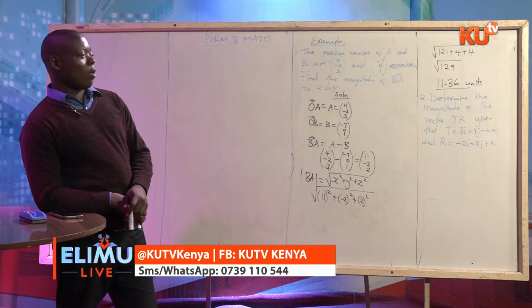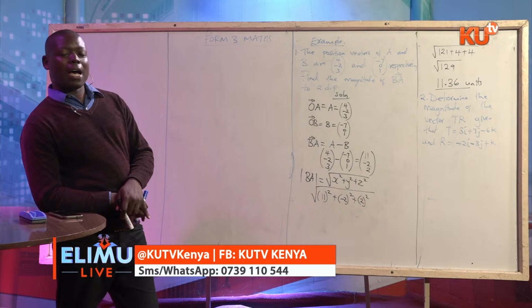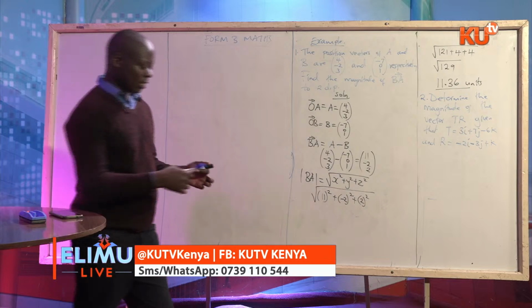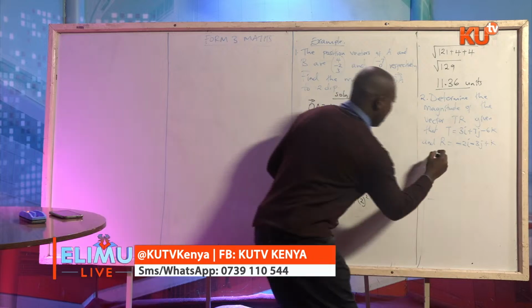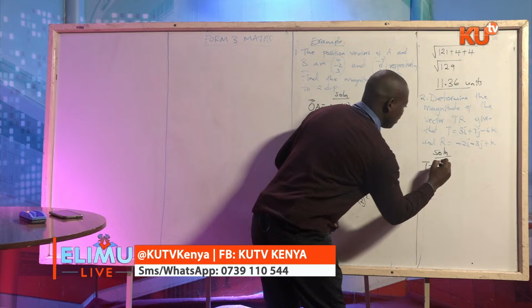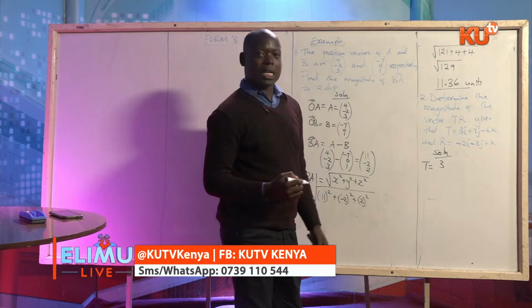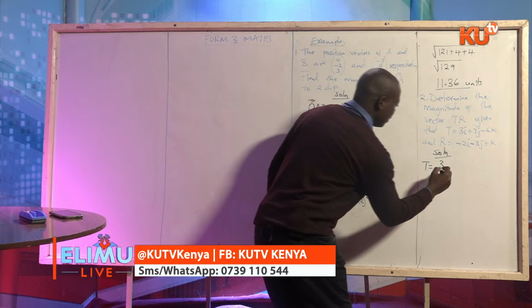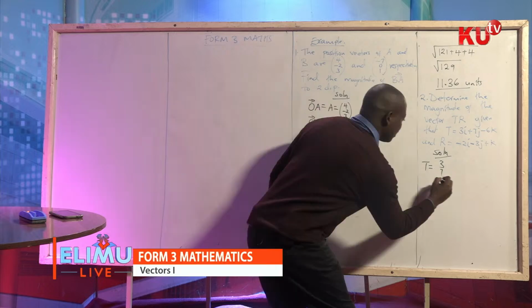Good. What we do first is to write the vector T and R, excluding the unit vectors. We write I, our T is 3, next 7, then negative 6.